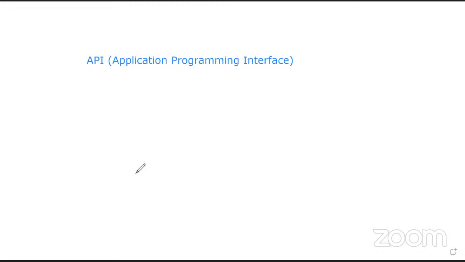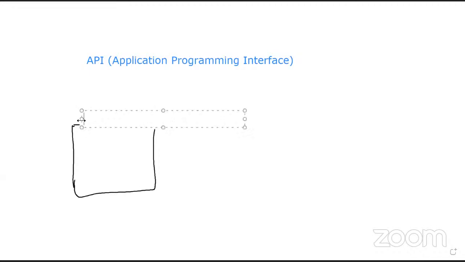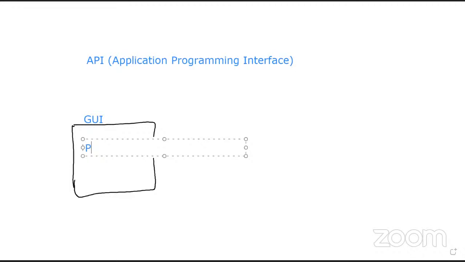What is the web application? Web application will have the UI, which is your HTML pages. What is this UI? It is called as GUI, graphical user interface. So this is also called as presentation layer. So presentation layer it is.